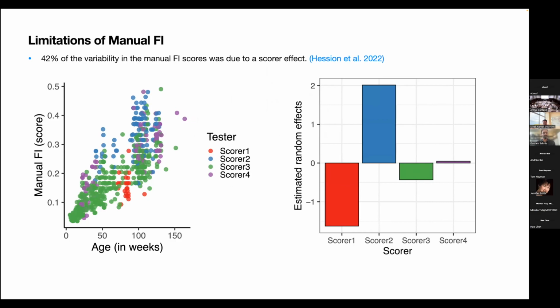And inspection of data showed a scorer effect of the manual frailty index score. For instance, scorers 1 and 2 tended to generate low and high frailty scores, respectively, compared to the average. We fit a linear mixed model and found 42% of the variability in the manual frailty score was due to a scorer effect.